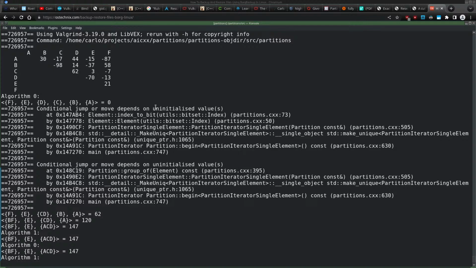Conditional jump or move depends on uninitialized values. Index to bit. So indeed it's an undefined value.